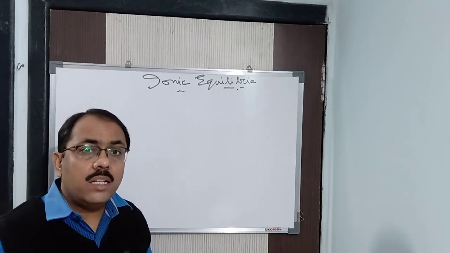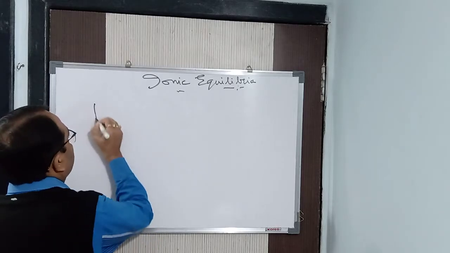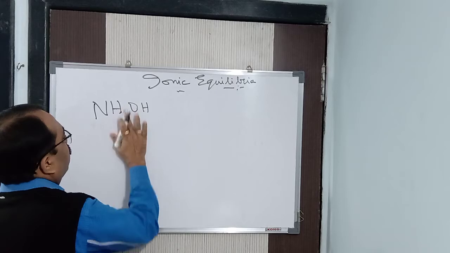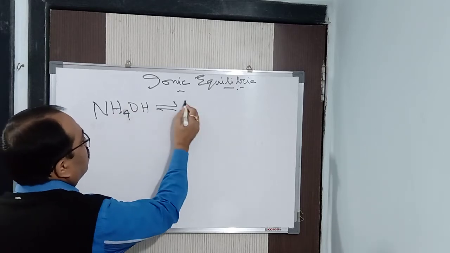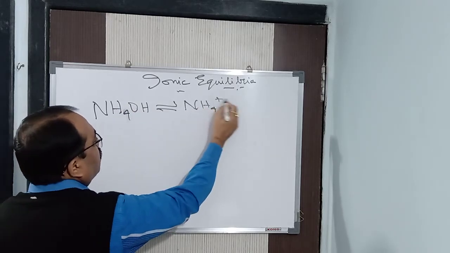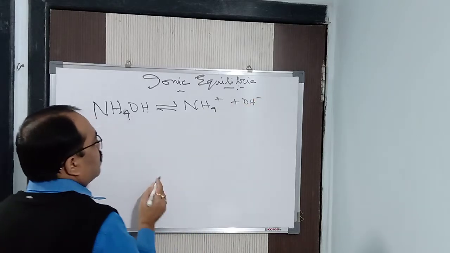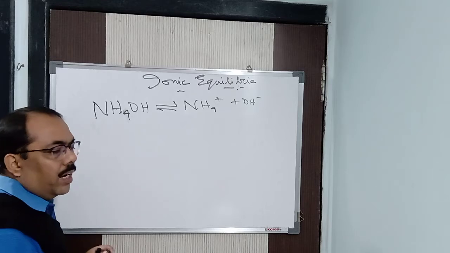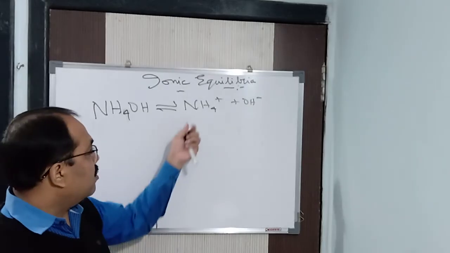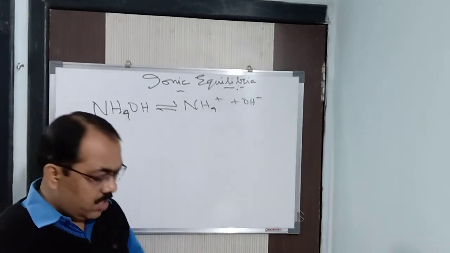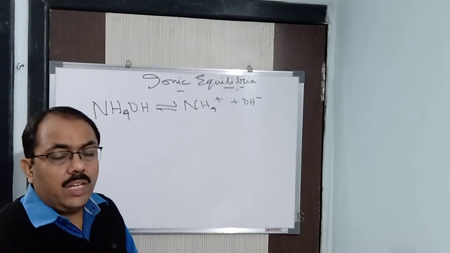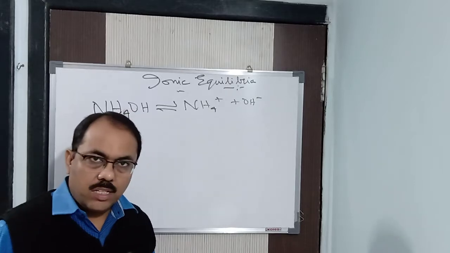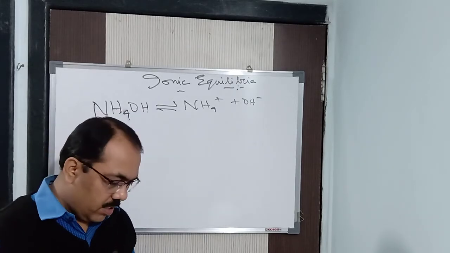NH4OH dissociates to give NH4+ and OH-, so out of 100 molecules you get only 10 to 15 ions of NH4+ and OH-. The remaining stay undissociated. That is known as a weak electrolyte.